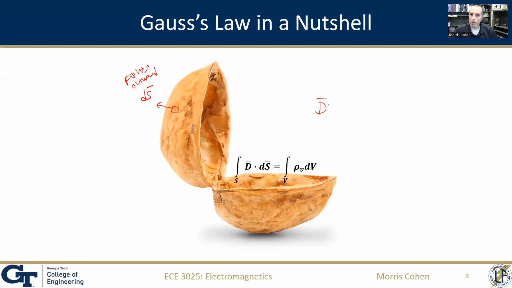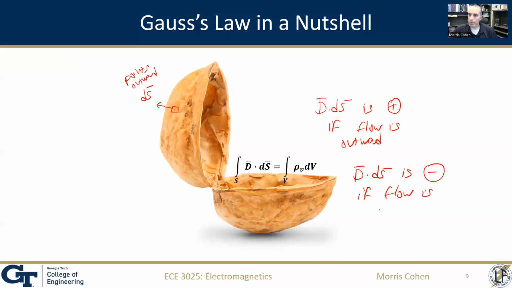All right, so D dot dS is positive if flow is outward, and D dot dS is negative if flow is inward. And that makes sense. If we have positive charges, then electric flux lines are going to be swarming away from that point, and so that's going to cause an outward flux, therefore a positive charge on the inside. All right.